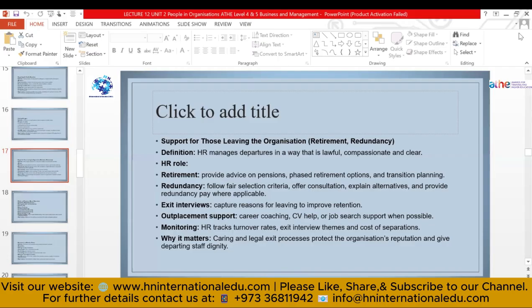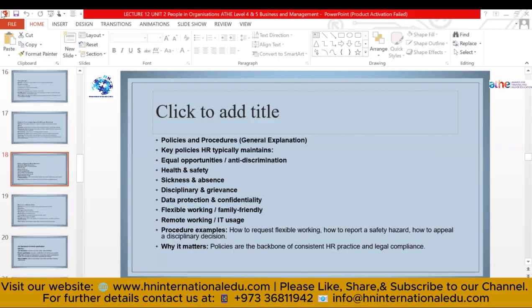So it's better to announce a proper retirement, saying this is the reason: it's because of health, or I just want to take a break from work life. Not like you're just leaving the organization. And policies and procedures, that is the general explanation, because policies and procedures is a separate assessment criterion in LO4. But this was a point in your indicative content, so that is why we need to cover it.